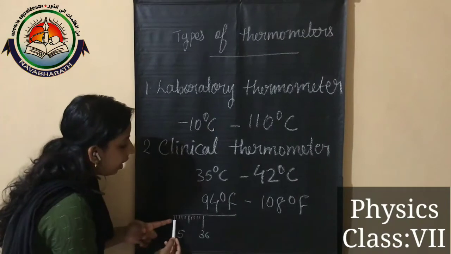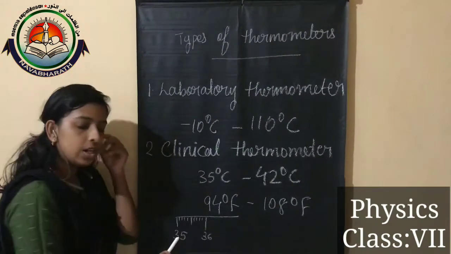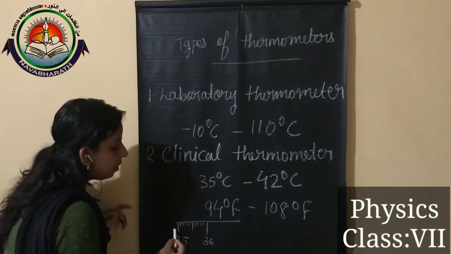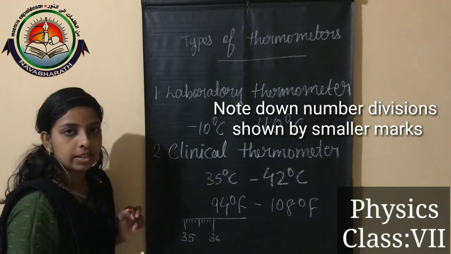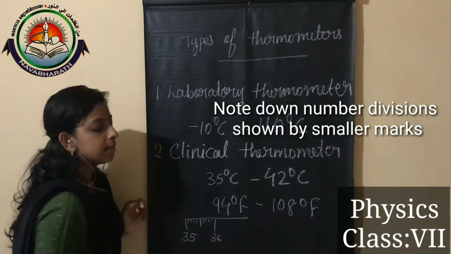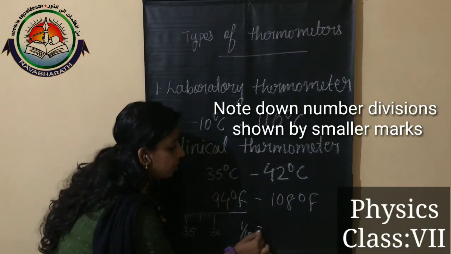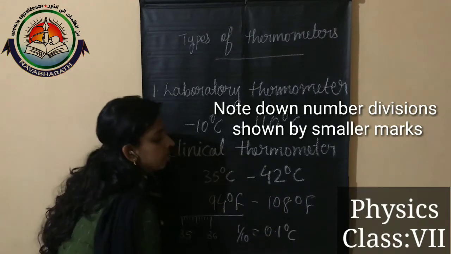Like this, small divisions can also be seen. Each small division's difference we also have to consider. Between 35 and 36 there are 10 divisions. So one small division is 1 by 10, which is equal to 0.1 degree Celsius.